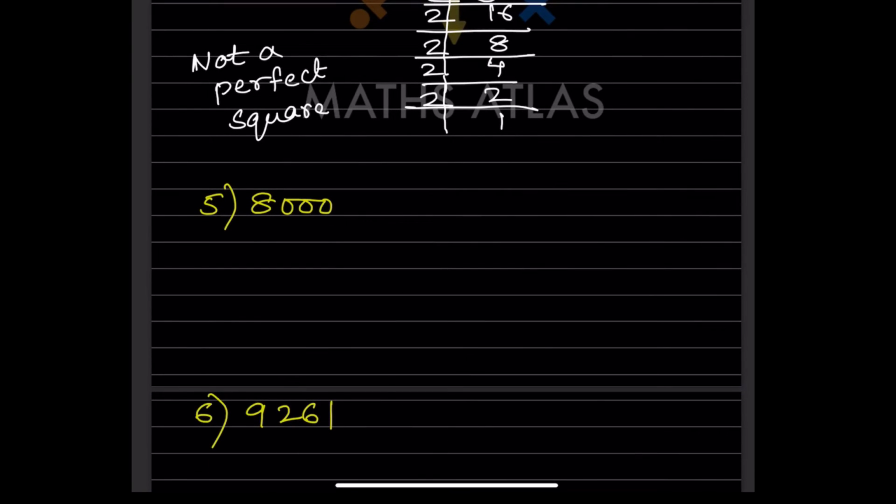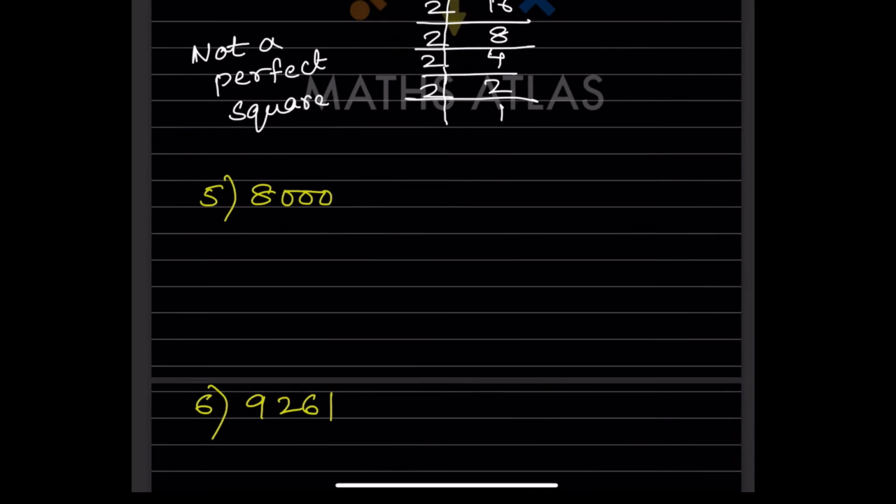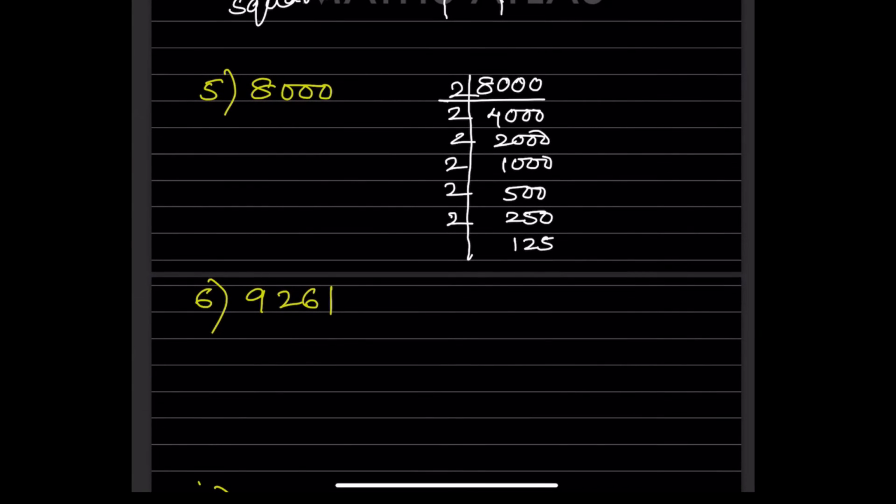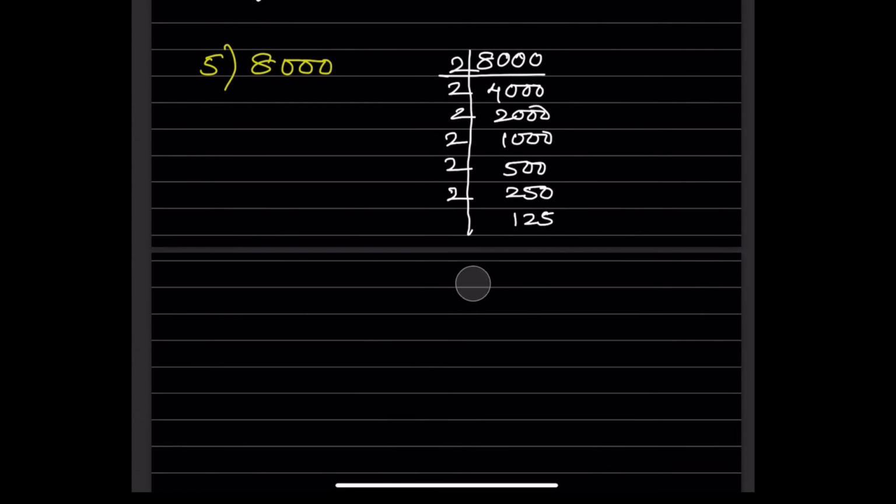So now let us look at this 8,000. We can write it as 2 times 4,000, 2 times 2,000, 2 times 1,000, 2 times 500, 2 times 250, and then 2 times 125. Now 125 doesn't go with 2, so it will go with 5. 5 25s are 125, 5 5s are 25, and 5 1s are 5.